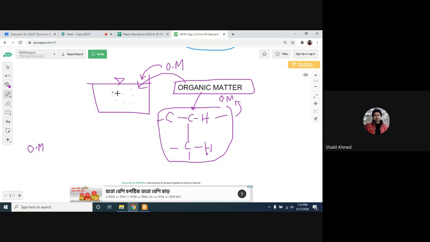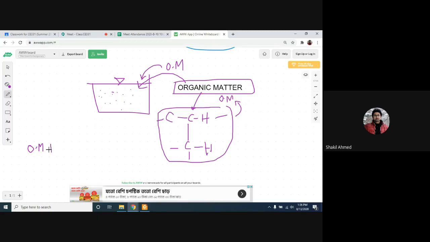Microorganisms like in a pond, for example, you have bacteria, protozoa, many zooplankton and many other parasites. So there are different microorganisms, micro scale.